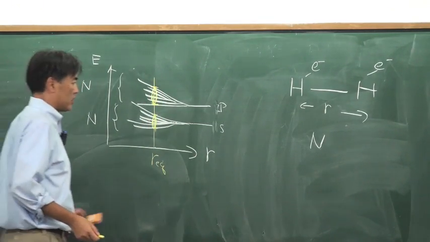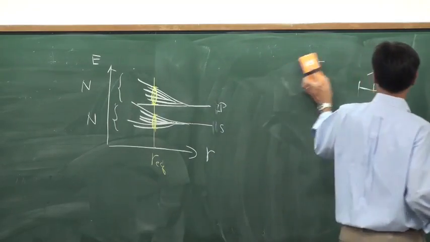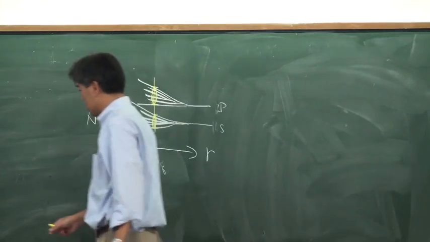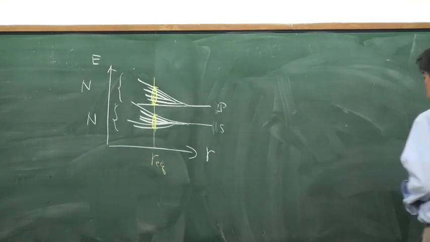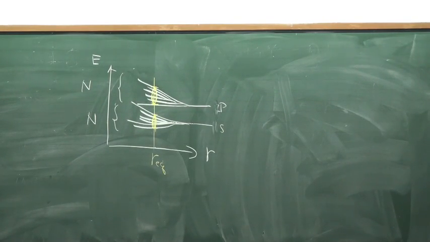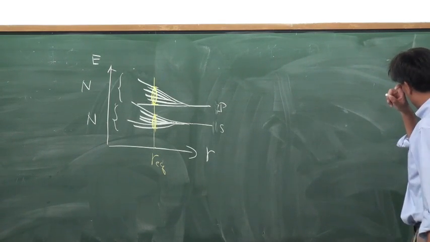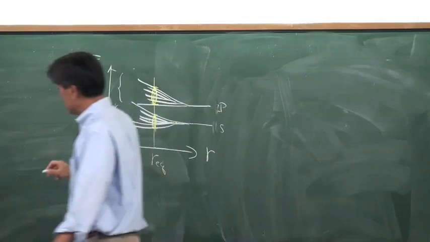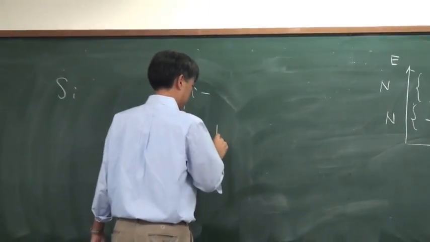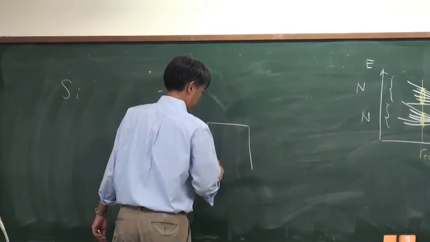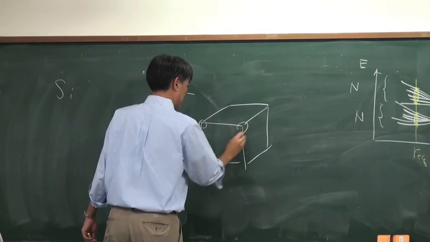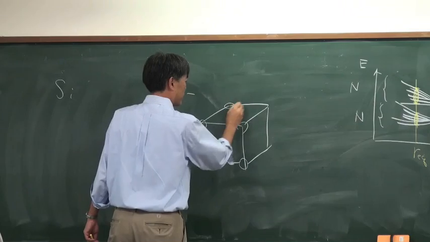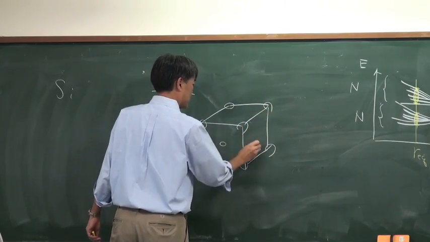So for the case of silicon, the energy diagram looks as follows. Silicon is in a diamond lattice. The diamond crystal structure is basically a superposition of two face-centered cubic crystals.